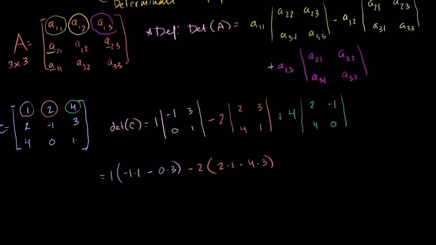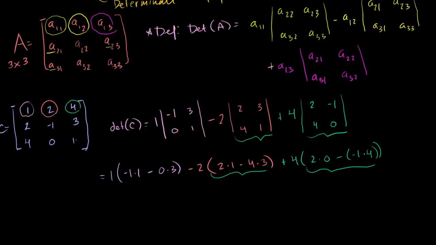And then finally, we're going to have a plus 4 times 2 times 0 minus -1 times 4. I wrote it all out so you can see that each of these is just the determinant of the 2 by 2 submatrix for each of these guys, and then you have the number out front.